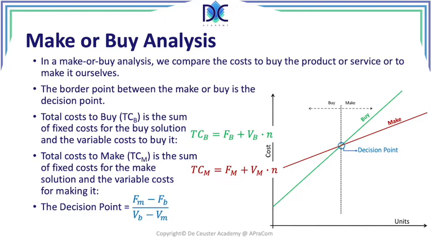So the absolute value of the difference of the fixed costs divided by the absolute value of the difference of the variable costs. I put the absolute value there because the decision point, depending how we do the subtractions, may end up into a negative value, but we have to have, of course, a positive value.